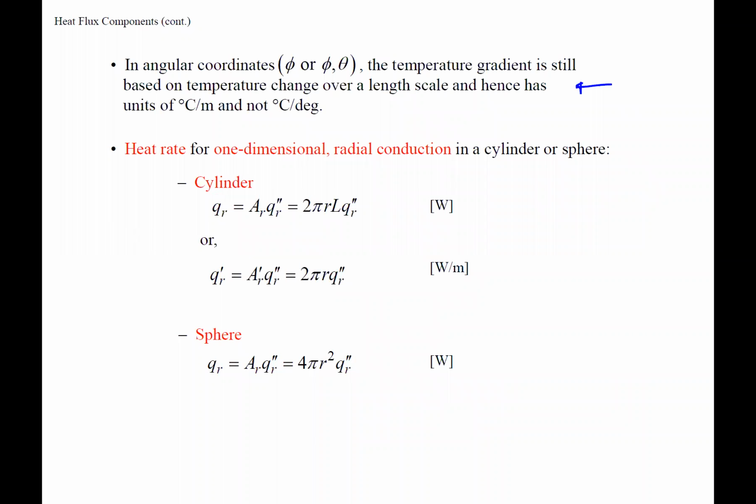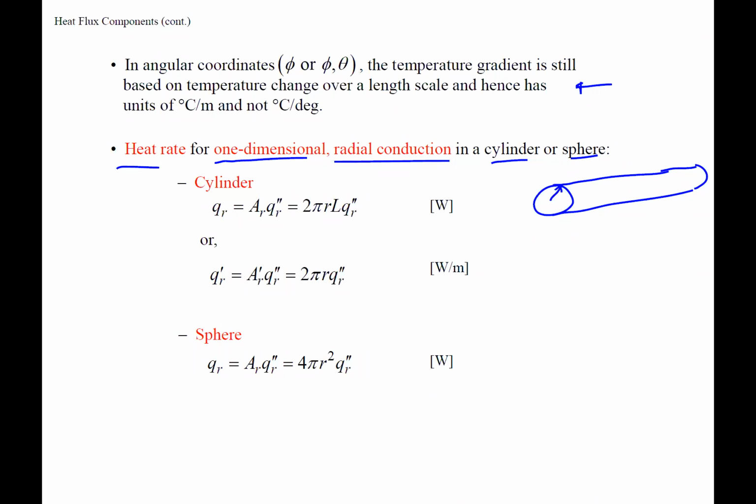All right, some of the common things for heat rate, one dimension, radial direction. In a cylinder or sphere, so it's in that radial direction. If we have this cylinder, the radial direction is right here, okay, and if we're just looking at the heat transfer in that radial direction, we don't care about the Z or the angle direction, then we can look at it as just the surface area.